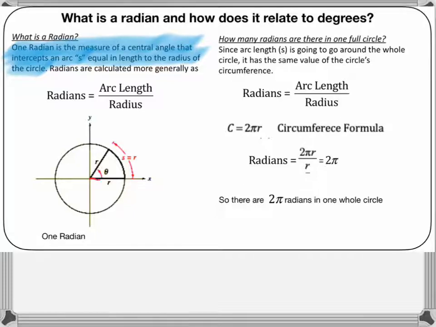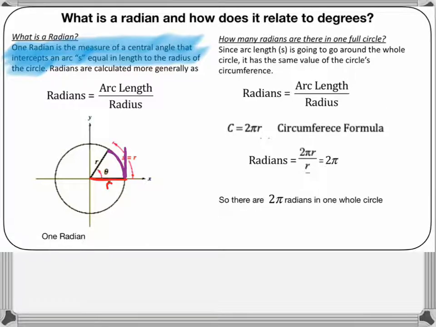Say if you have a pizza again, and you slice that pizza. That pizza slice, which is r, the radius of your pizza, is going to be equal in length to the crust of that pizza if you stretch it straight out. When those two are equal to one another, that is 1 radian.